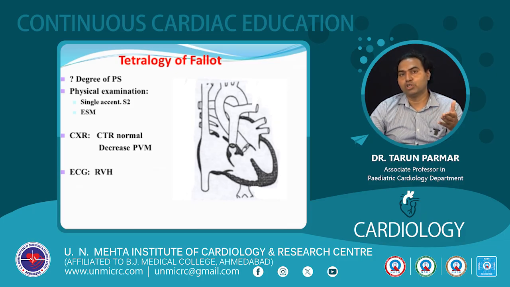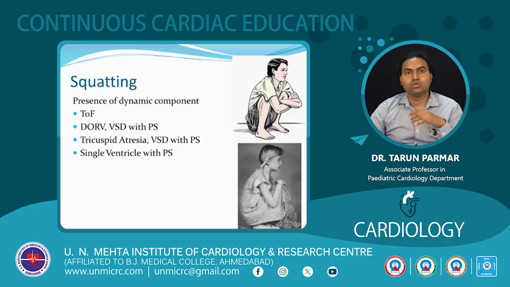There is decreased pulmonary blood flow or decreased Qp on the X-ray, and ECG showing right ventricular hypertrophy, right axis deviation, and early transition of the R wave from V1 to V2. So this is the pictorial presentation of squatting that is normally seen in TOF patients or TOF physiology patients, in TOF, DORV VSD PS, tricuspid atresia VSD PS, single ventricle PS.